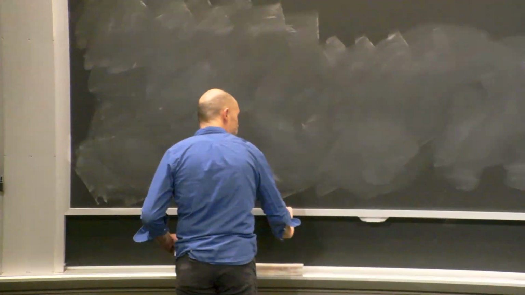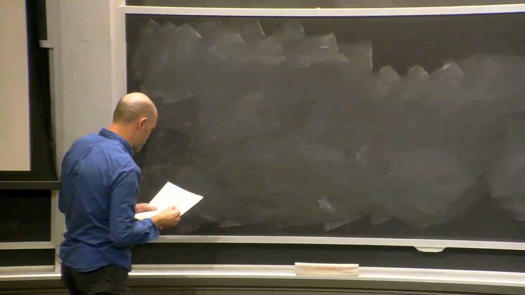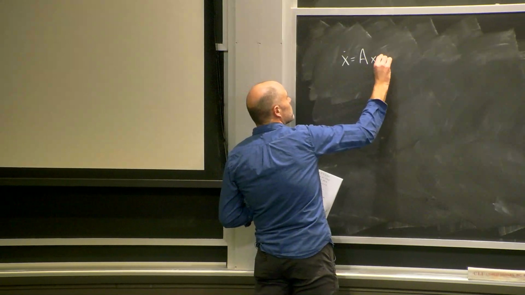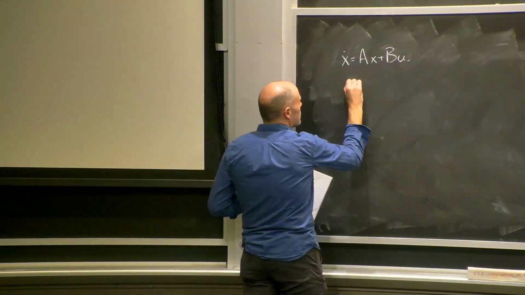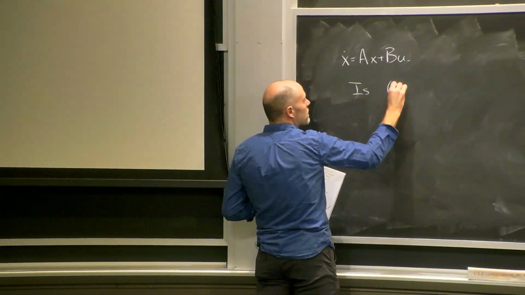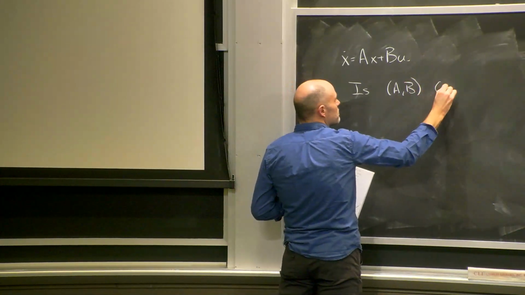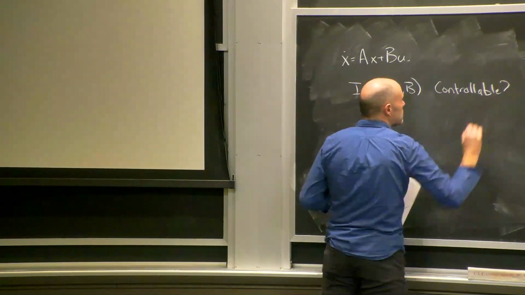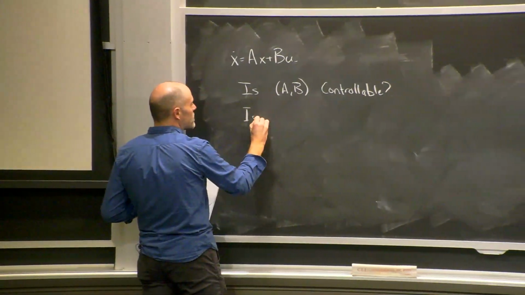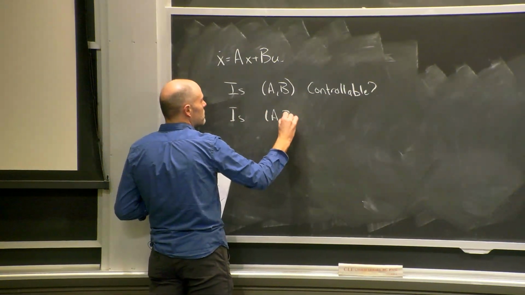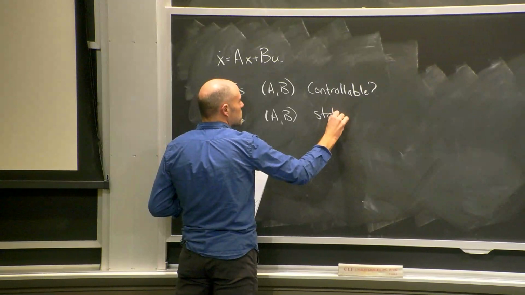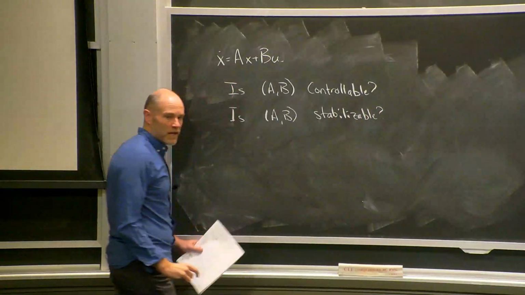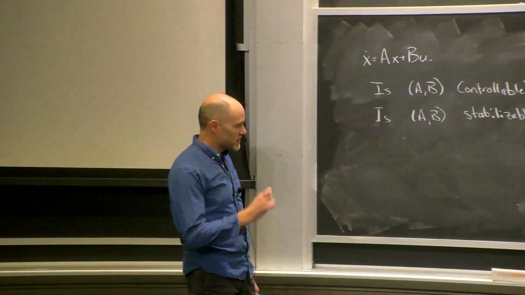There's also a notion of, is it stabilizable or not? Is the pair A, B controllable? And then there's a related question, is the pair A, B stabilizable? I'm going to make sure you understand what that means in a second.